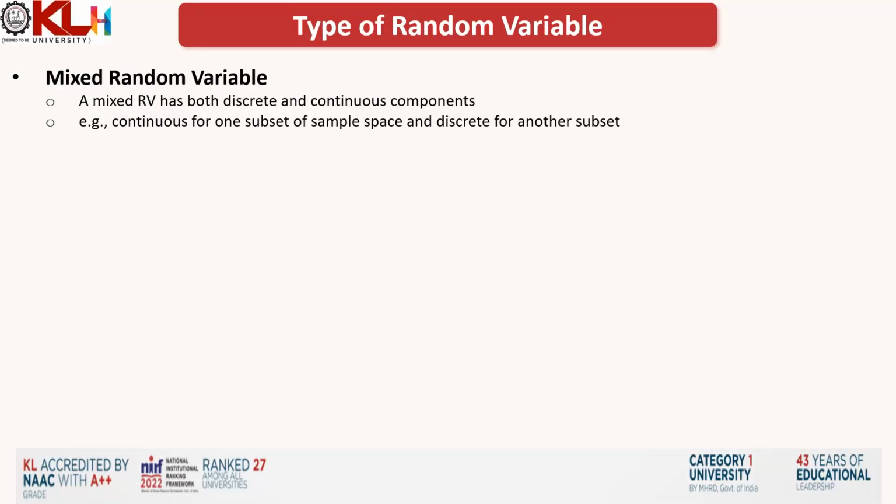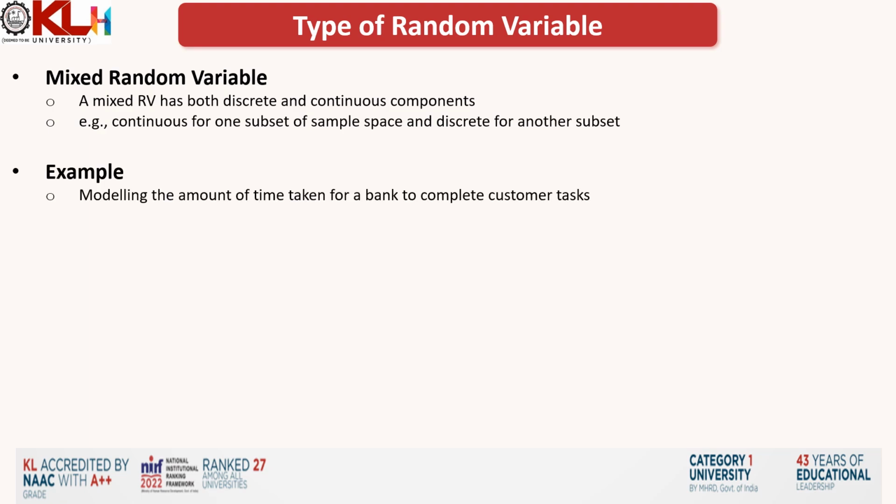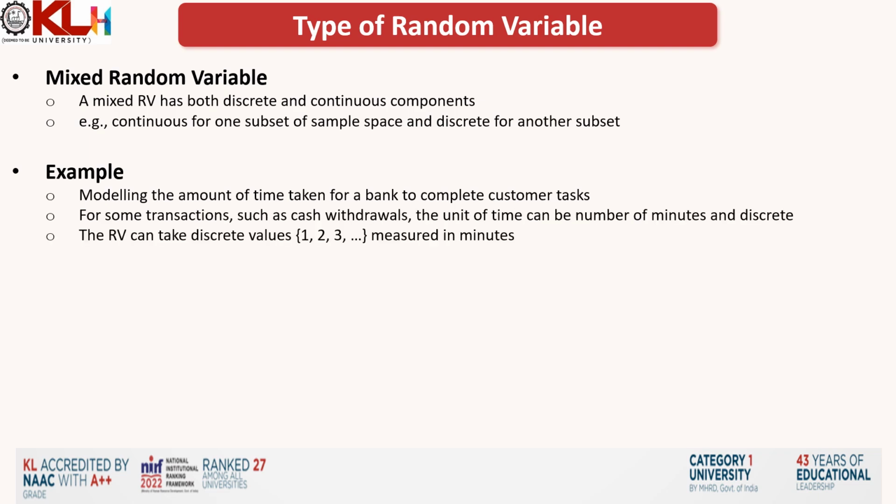A mixed random variable has both discrete and continuous components. For example, continuous for one subset of the sample space and discrete for another subset. Let's look at a concrete example. Modeling the amount of time taken for a bank to complete customer tasks. For some transactions such as cash withdrawal, the unit of time can be number of minutes and it can be discrete.